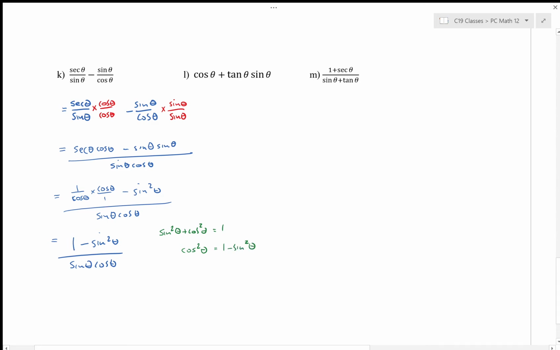So you can see that with this Pythagorean identity, I'm going to be taking this out and replacing it with cosine squared theta.